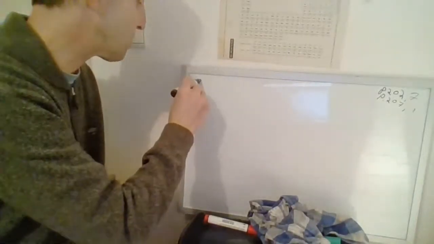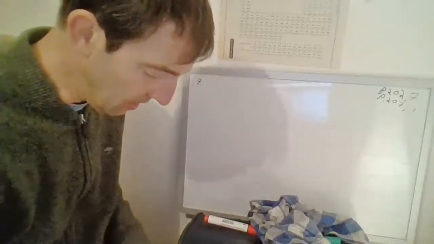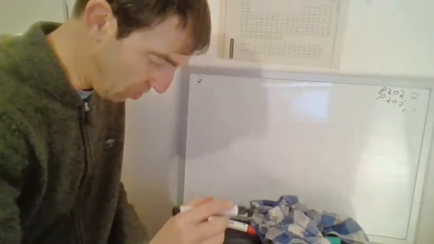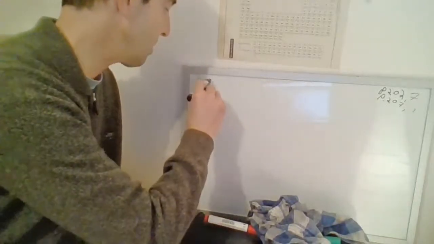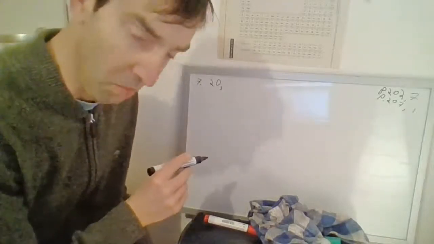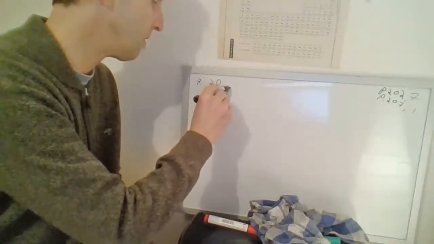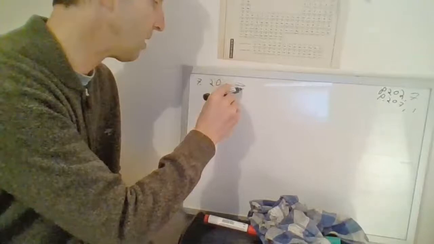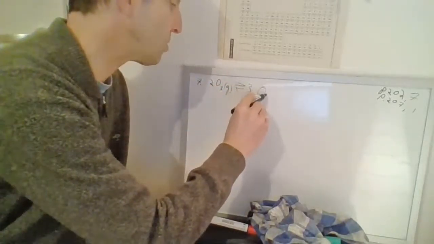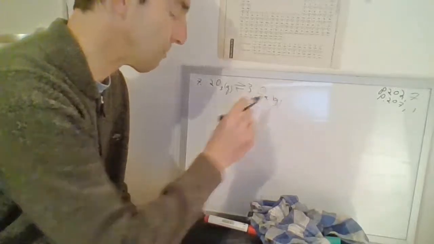Good. Okay, so number 7 says, considering the following reaction, I got 2 O3, called ozone, by the way, going to probably what? 3 O2, right? 3 O2, and they're both gases.